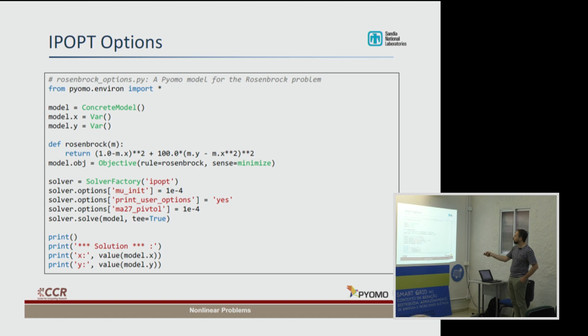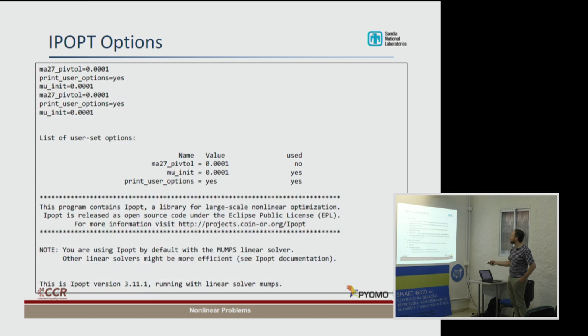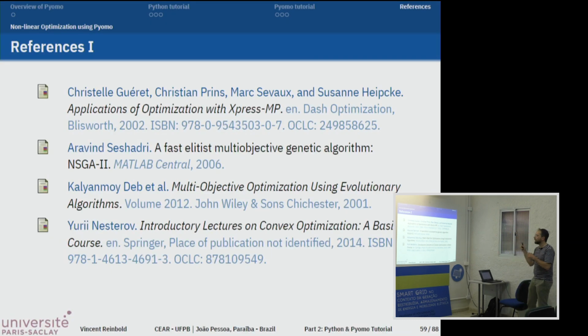For instance, the mu that we use in the barrier technique can be initialized. This is quite a geeky argument, so I will pass this as well.